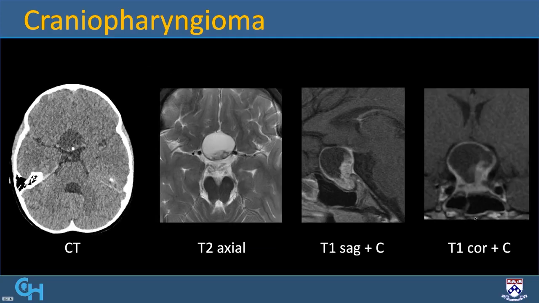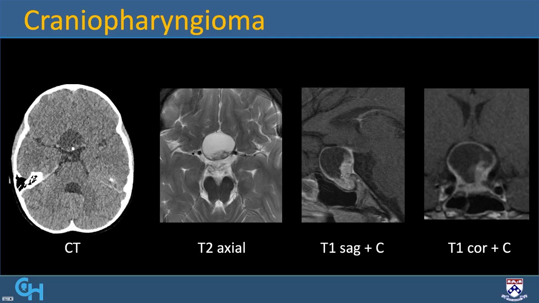Here is another example. Again on CT, a somewhat complex appearing cystic mass with calcification. On MR imaging, you can notice the heterogeneous appearance on T2 with the cyst and slightly darker signal on T2, which could represent either calcification or some proteinaceous or blood products.